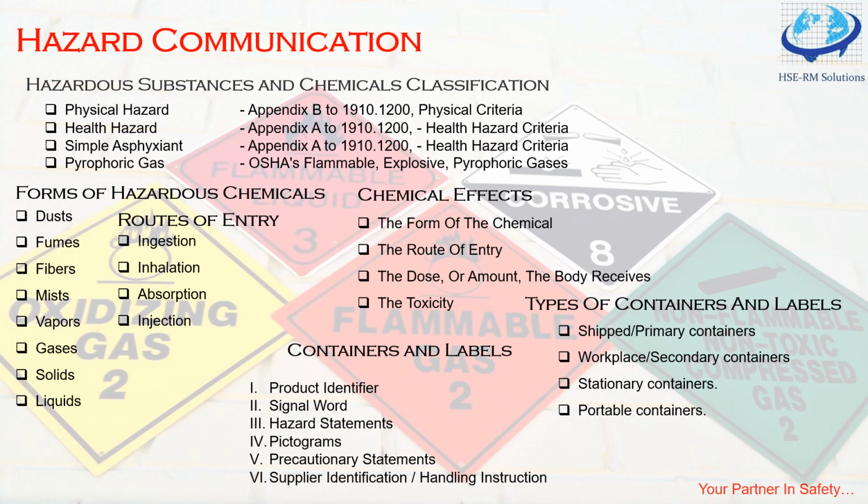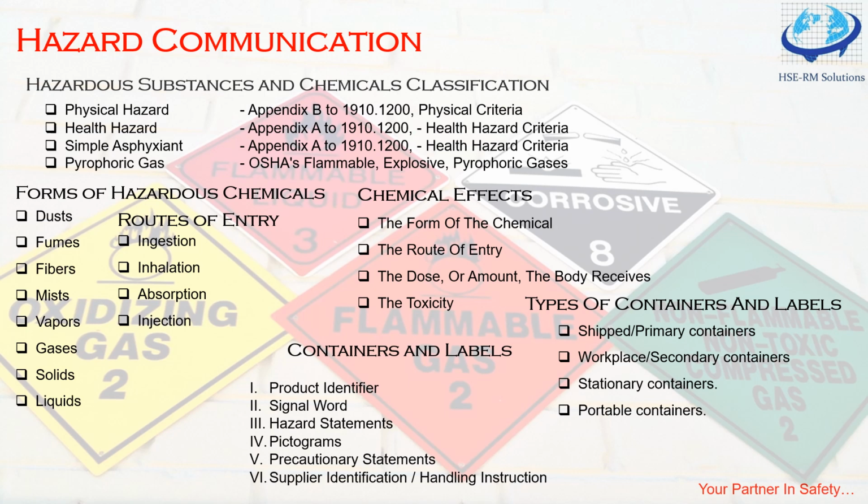So basically, when you are studying chemical effect, you must understand in what form the chemical is there, where it can enter your body, what the route of entry is, what dosage will be lethal or harmful for you, and what the toxicity is, meaning how poisonous the chemical is. And then we mentioned a term here, route of entry.